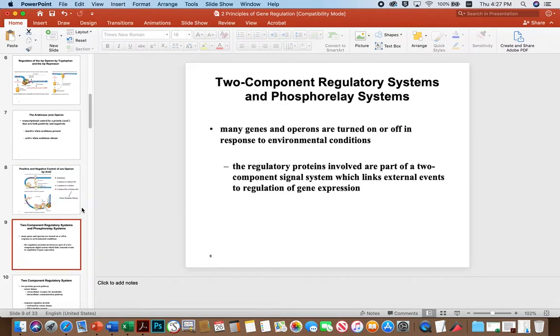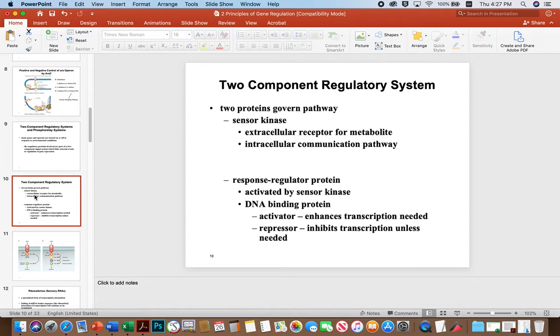Another concept in gene expression in bacteria is the use of two-component regulatory systems and phosphorelays. In this particular case, the main components, it's not always two, and I'll show you in the cartoon in the next slide, but there's typically two proteins that govern the pathway, but it varies. The first protein is typically called the sensor kinase, which sits in the cell membrane and interfaces with the periplasm.